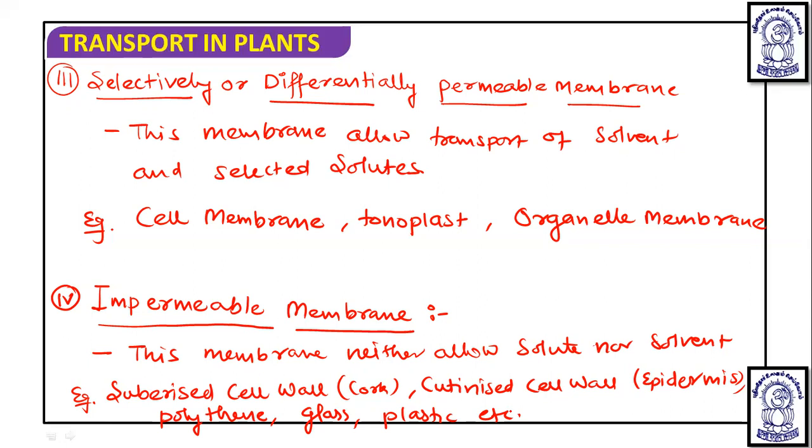Okay, so there is a permeable membrane, semi-permeable membrane, selectively permeable membrane, and impermeable membrane. All these types of membrane can be there in a plant.